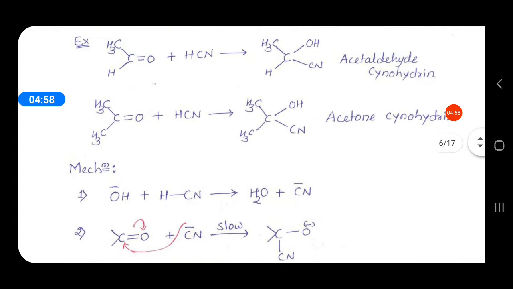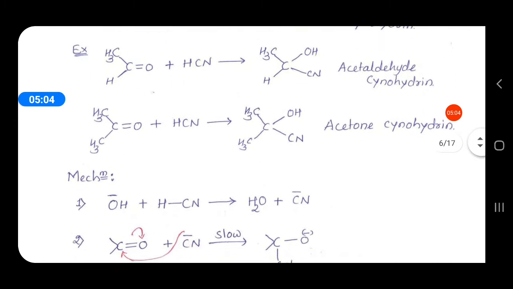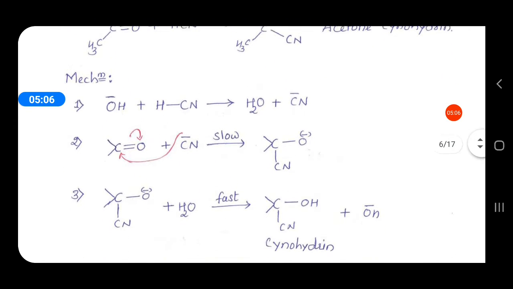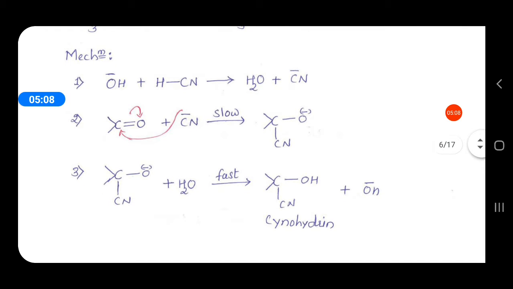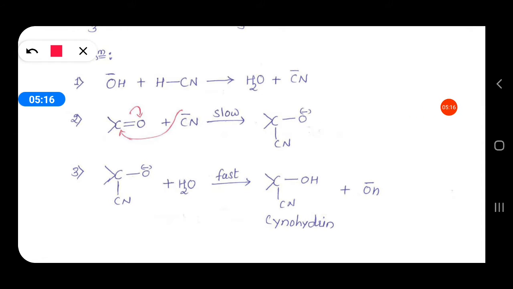Let us see the mechanism of how this hydrogen cyanide is added. This is a base catalyzed reaction. In the presence of a base, the OH minus of the base accepts a proton from hydrogen cyanide.